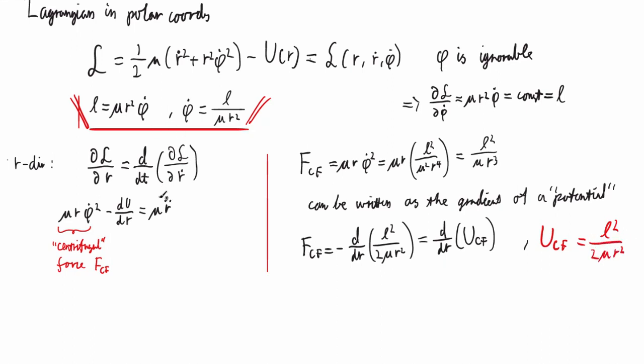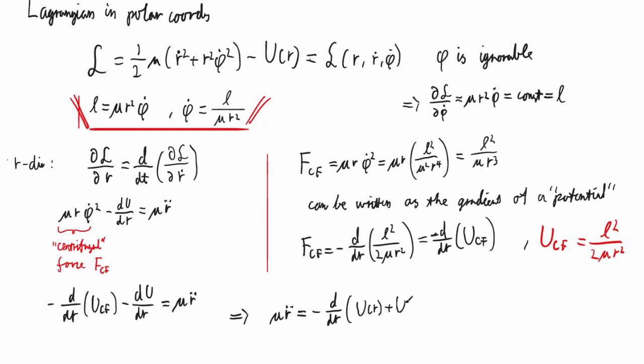Okay, so now we can take this equation of motion and just plug this expression back in there. There's a minus sign here, of course. And this is the component of a gradient, right, in the r direction.